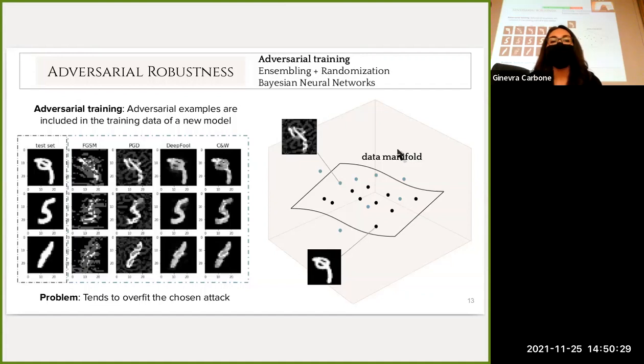But the problem here is that it tends to overfit the chosen attack, meaning that if we add samples generated using a particular attack, and then we attack the resulting model with another method, then probably it isn't as resilient as it was on the original attack. So we want to overcome this problem and define a few techniques that work in general, so that are not attack dependent.